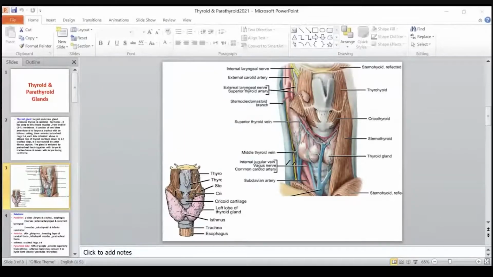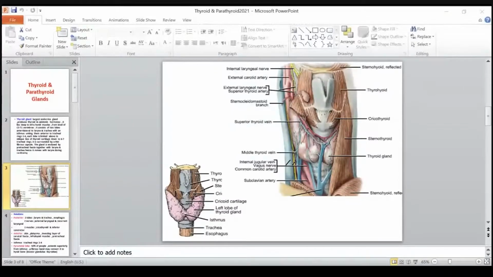Posteromedially, or the medial surface of it, is related to the thyroid cartilage and the cricoid cartilage of the larynx, and posteromedially is related to the pharynx above and then to the esophagus below.